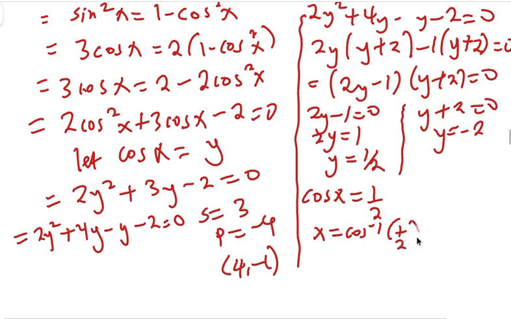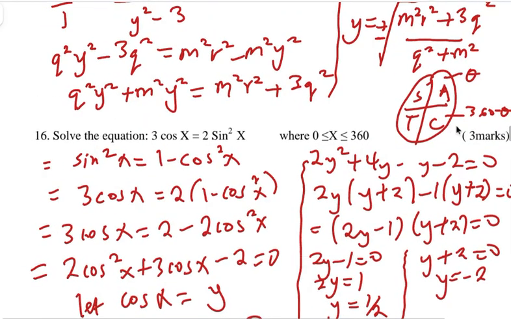So what is cos inverse of half? Taking cos inverse of half without using your calculator, let me check. I see it is right. Cos inverse of half is 60 degrees. So it is 60 degrees. So taking 360 minus that 60 gives you 300, because I said it is either the first, which is theta, or 360 minus that 60.